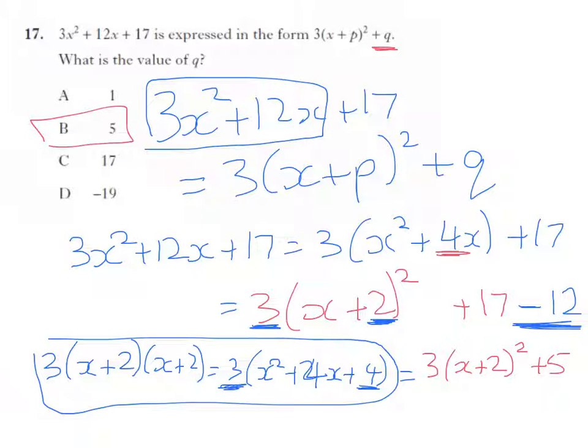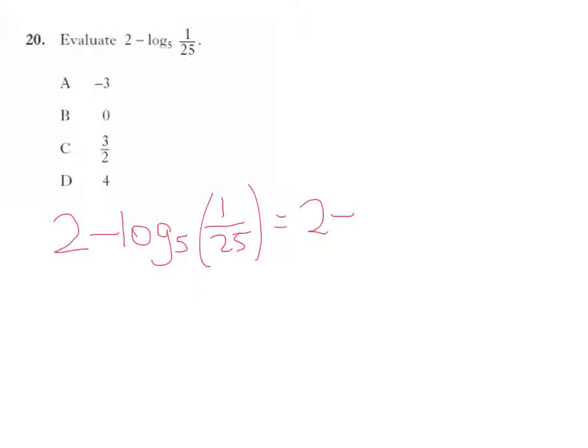One more question. Right, evaluate 2 minus the log to base 5 of 1/25. And so that equals 2 minus, now let's have a look at this, log to base 5 of 1/25. What is that?